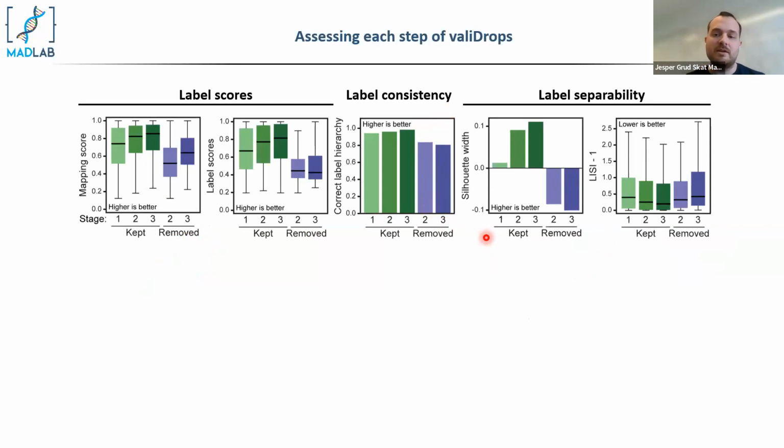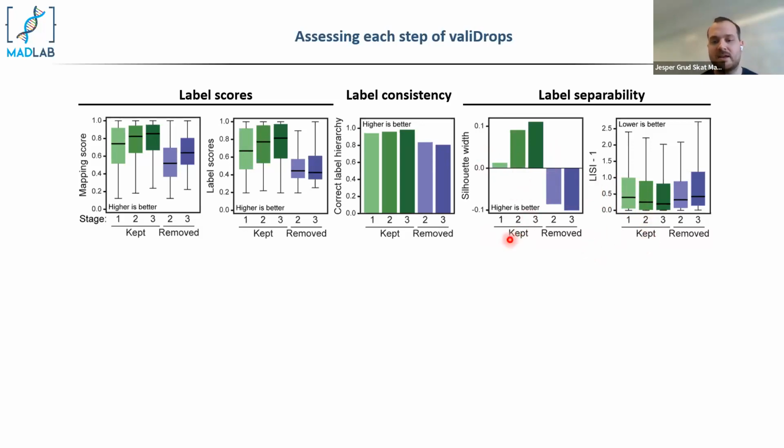We also analyzed how separable the labels are in principal component space. We used the silhouette width, or average silhouette width for that, and we also used a metric called LISI, which is the local inverse Simpson's index, where the silhouette width indicates how tightly clustered together labels are, or cells within a label are, and how much they're separated from other labels, whereas this metric tells you about the neighbors, how often a cell of a particular label has neighbors of the same label.